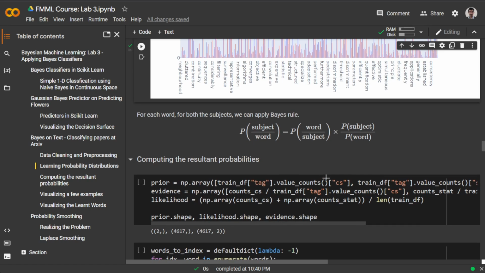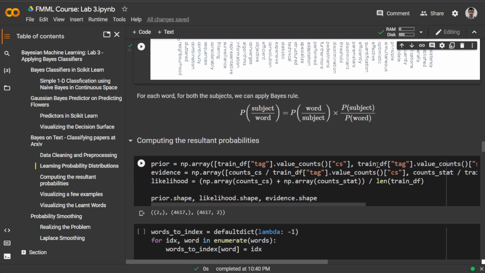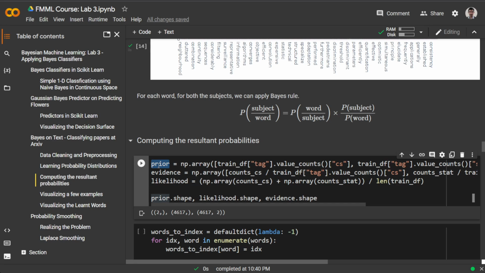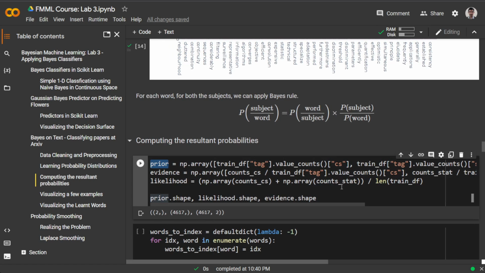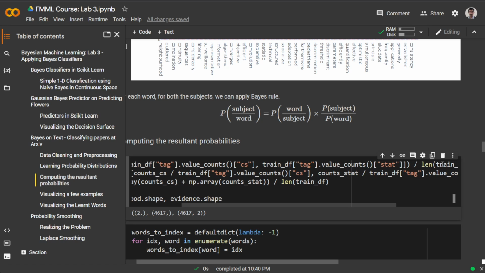Alright, so here we write out explicitly our Bayes rule, which is the probability of a subject given the word is equal to the probability of word given the subject times the probability of the subject divided by the probability of the word. So to compute the prior probabilities of both of the subjects, all we do is we take the value counts and we normalize it by the length of the data set.